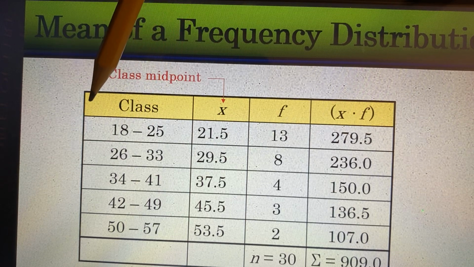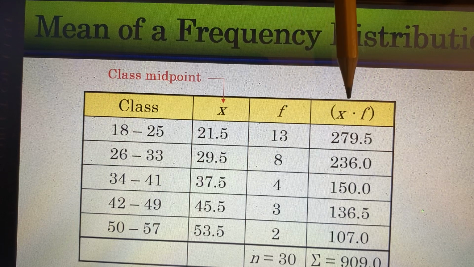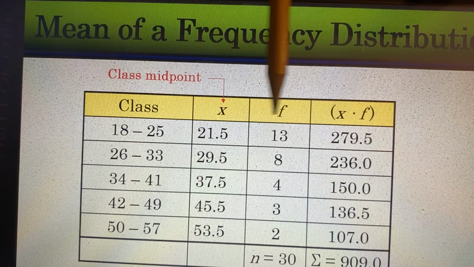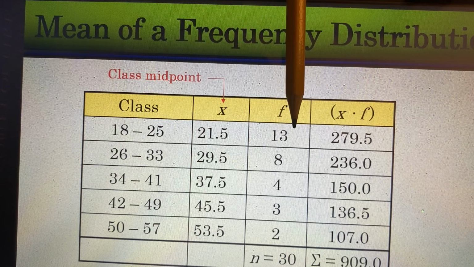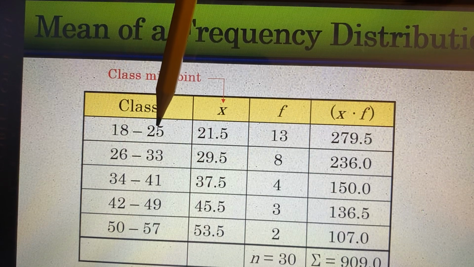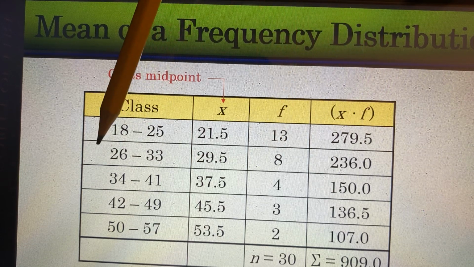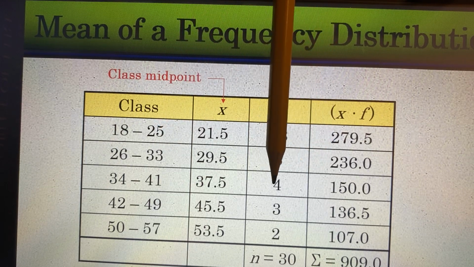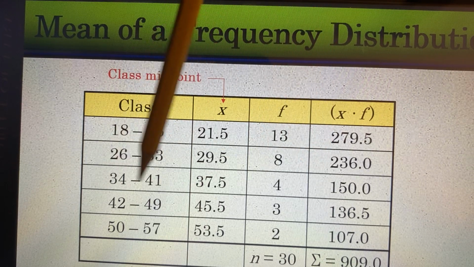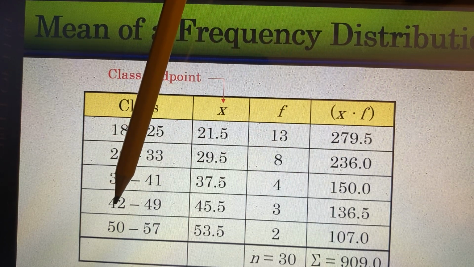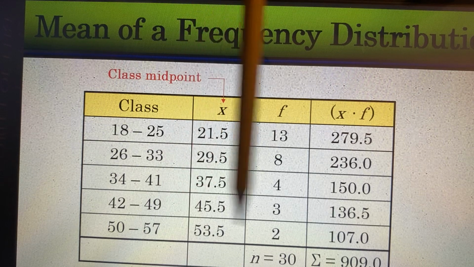They went through this statistics class and took everybody's age. The F is the frequency, or how often somebody fell into this category. So 13 of the kids or adults in this class were ages 18 to 25. 8 people were ages 26 to 33. 4 people were ages 34 to 41. 3 people were ages 42 to 49.